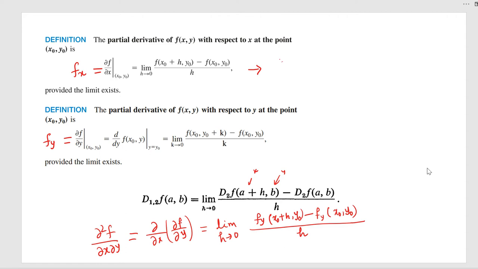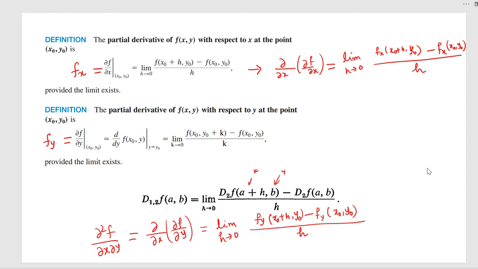Similarly, you can define del del x of del f del x. There you get the limit as h goes to 0 of f sub x of (x naught plus h, y naught) minus f sub x at (x naught, y naught), divided by h.